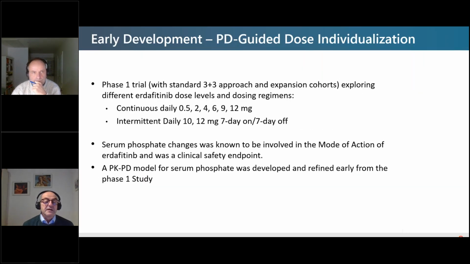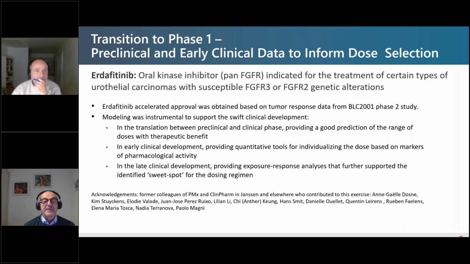we'll look at the translational approach that was able to anticipate the potentially beneficial dose. Essentially, experiments were available in xenografted mice and rats at doses from, can you go back one slide, please? At doses from 5 to 50 milligram per kilogram once or twice daily.